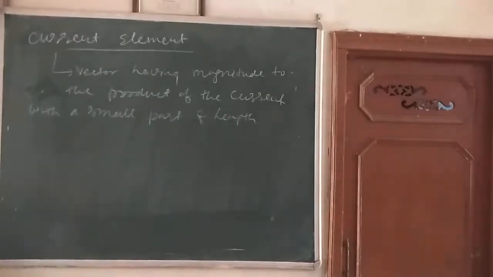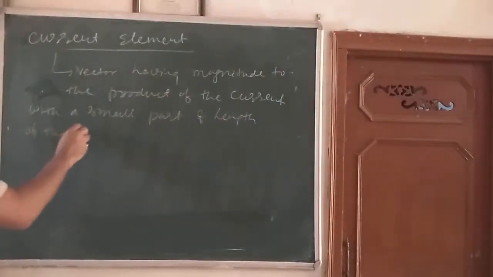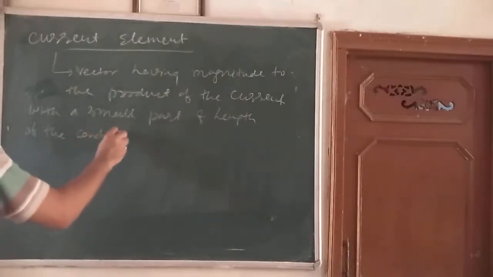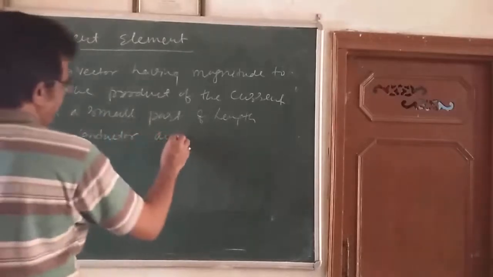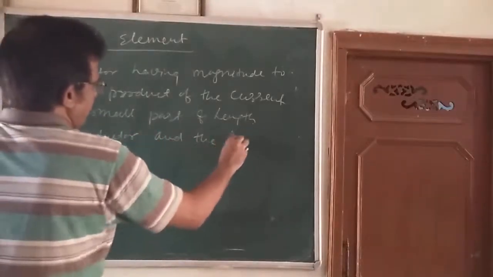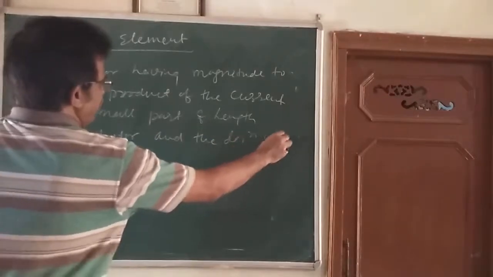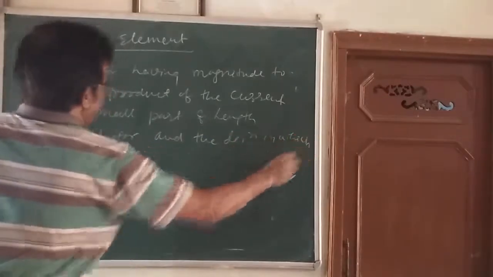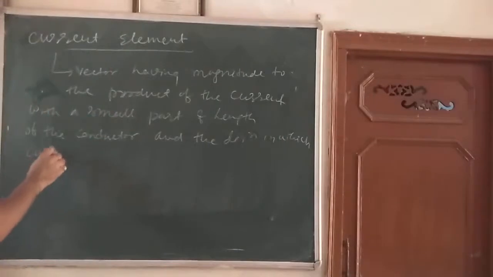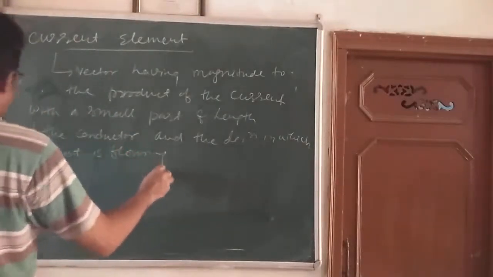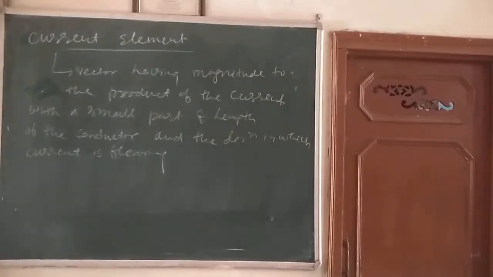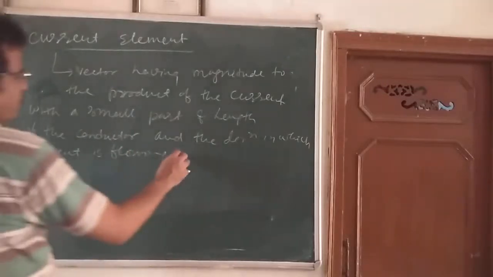of the conductor, a small part of the length of the conductor, and the direction in which current is flowing in that part of the conductor.